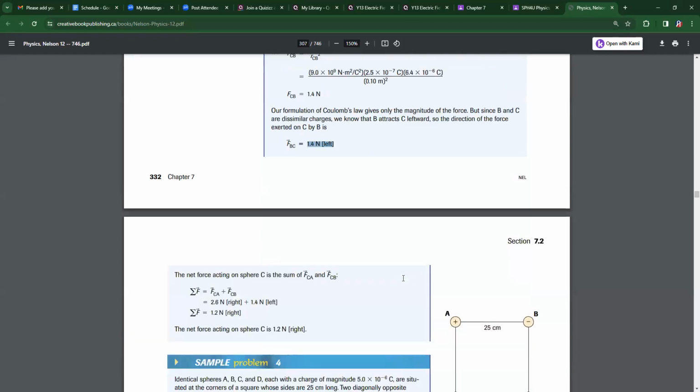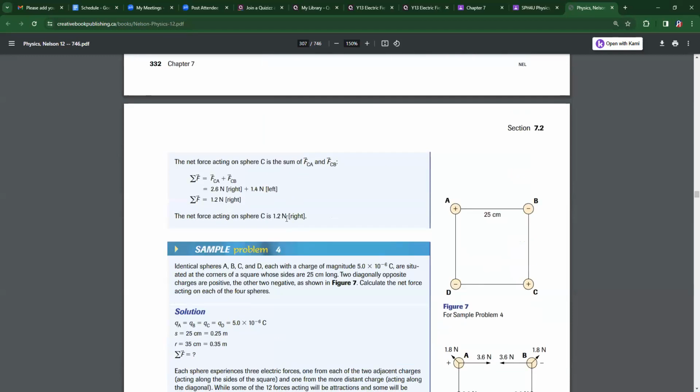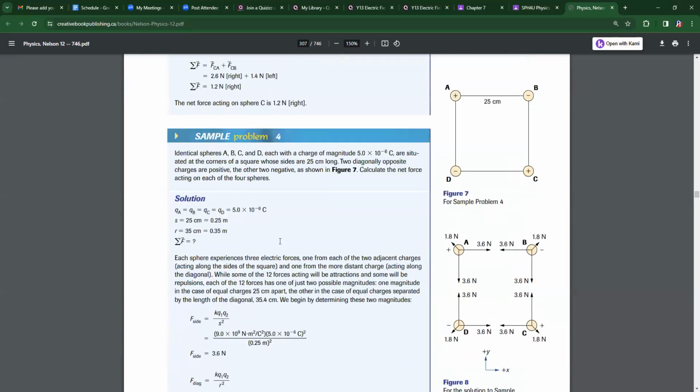So find the resultant by subtracting bigger minus smaller, and the final force will be in the direction of the larger force. Again, Coulomb's law shows that the force on a charge is proportional to the charges and inversely proportional to the distance between them.